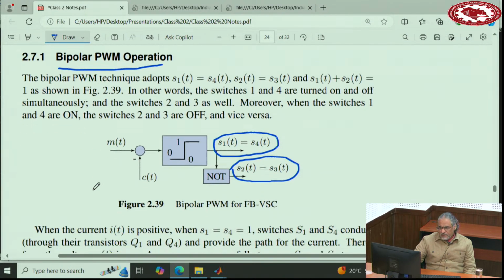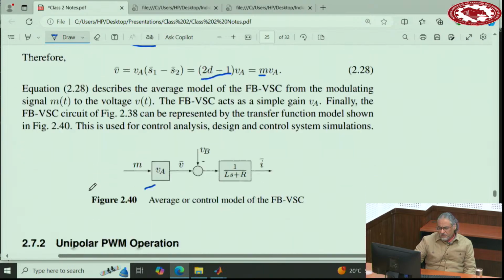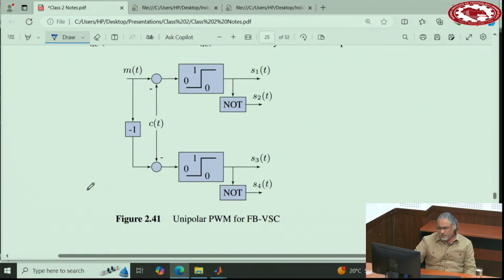How to do that using PWM? This is the common way of doing it. It may not be the only way, but that's the common one. The carrier waveform is compared with the modulation and generates S1 and S2, and the negative of that modulation generates S3 and S4.